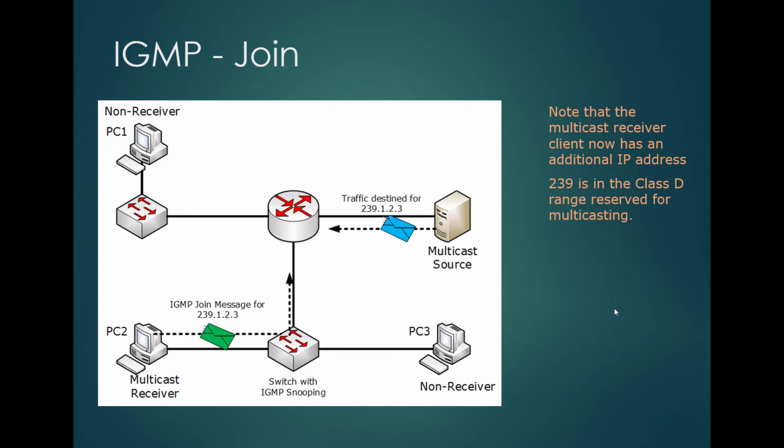Here they're showing an example where you can see the multicast receiver client has additional IPs. We're using a 239 address, a Class D address, to send this information out. So that is how we get into multicast.